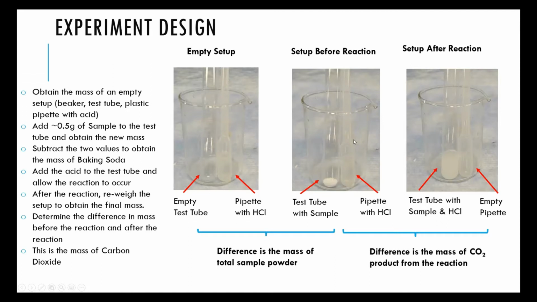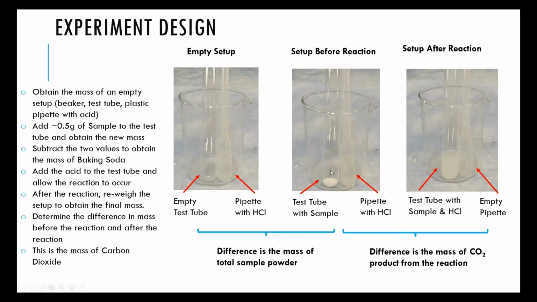By subtracting the mass of all of the empty components from that combined mass, you're able to obtain the total mass of your sample powder, whether that's baking soda, baking powder, or your unknown carbonate. This experimental design is the same for all of the different parts of the lab.